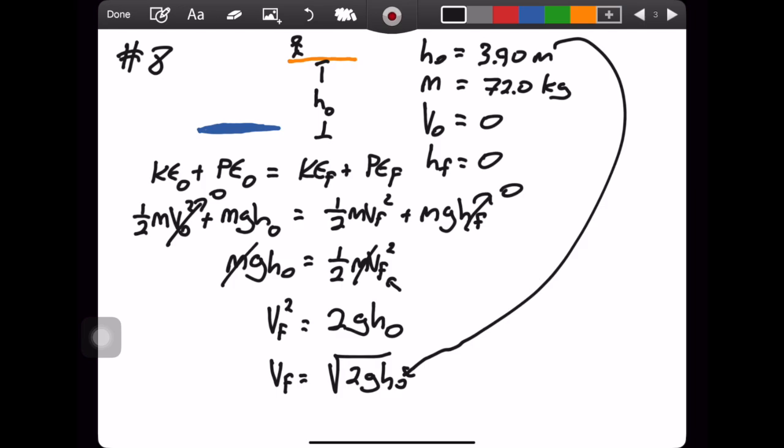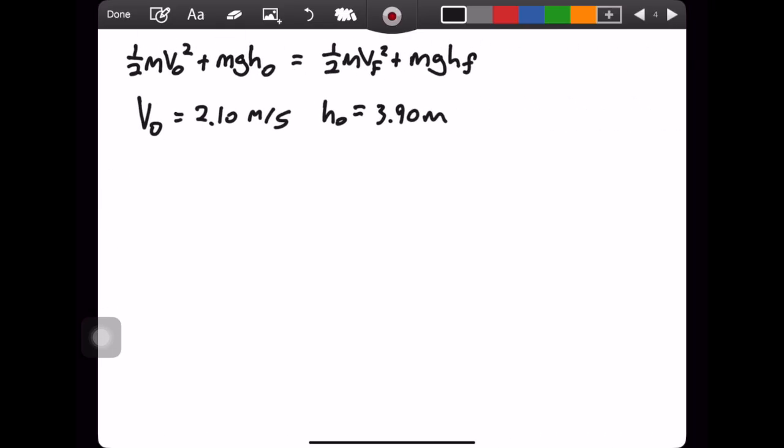If the original height is h naught, we can say that the water is h equals 0. Another way of saying this is that y initial equals 3.90 meters and y final equals 0. So h final equals 0, which is good because it means that this term vanishes. But now we've got 3 terms instead of 2 terms.